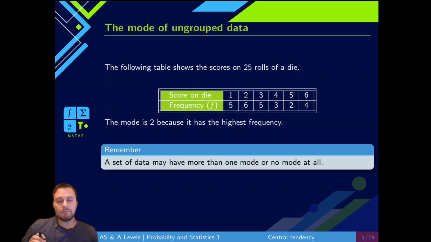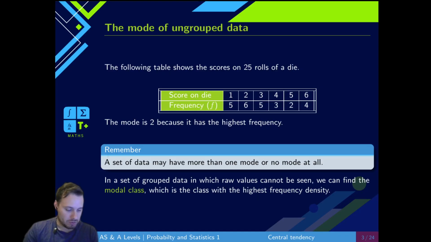Now, the key thing we're going to add when discussing mode is what happens when we have grouped data, and in particular we're going to focus on a concept that we dealt with when we discussed histograms. So if you want, you can look at it again. It is the concept of frequency density.